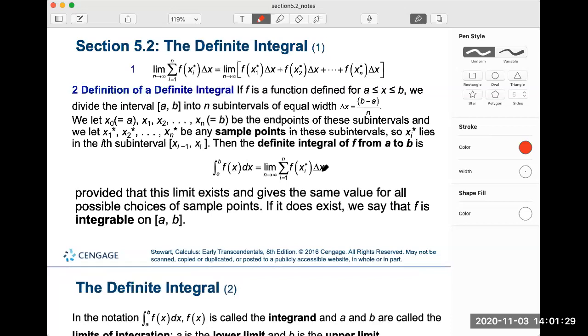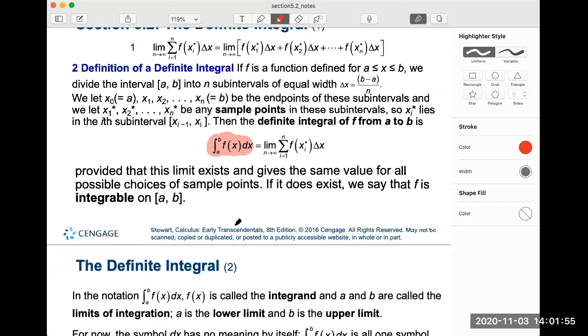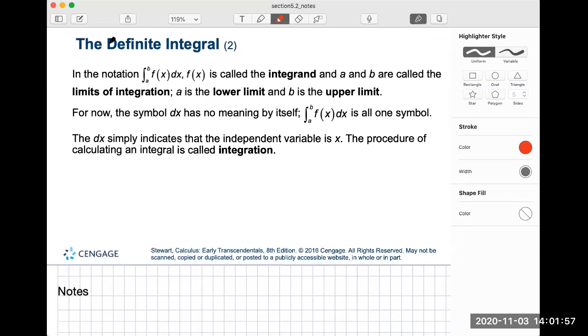And the definite integral of the function f from a to b is written like this. Just a definition. Okay? The function f, we call the integrand. So if the function is integrable over the domain, then the function f, we call it the integrand. The values a and b are the lower and upper limits.